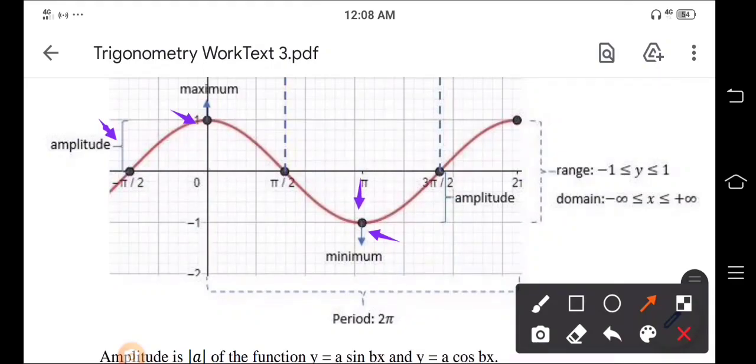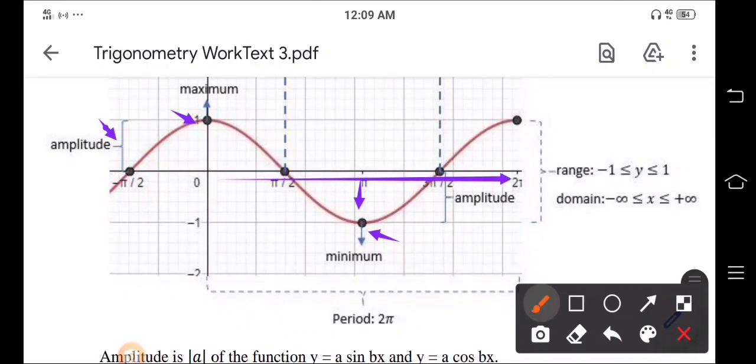So the amplitude refers to how high or how deep the curve reaches. So one period is 2 pi. Period is one complete rotation or one cycle. So again, the period is from 0 to 2 pi.